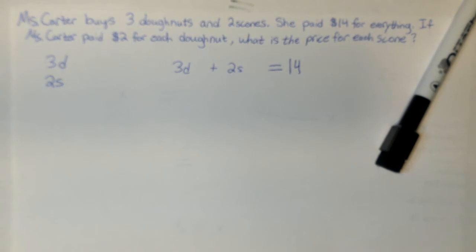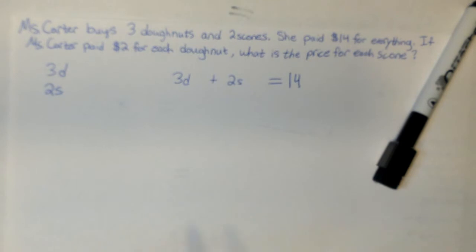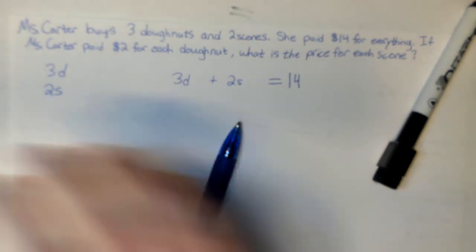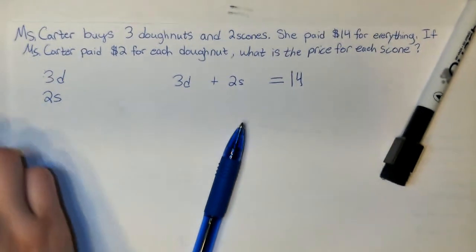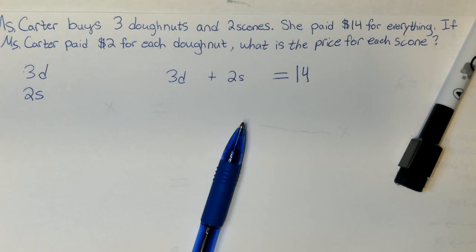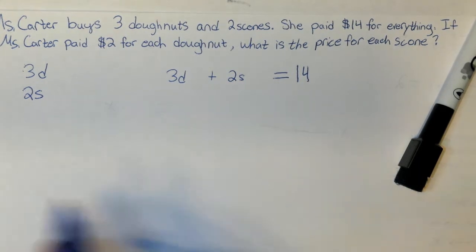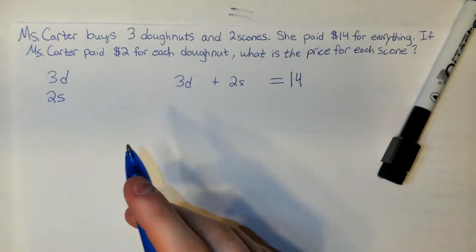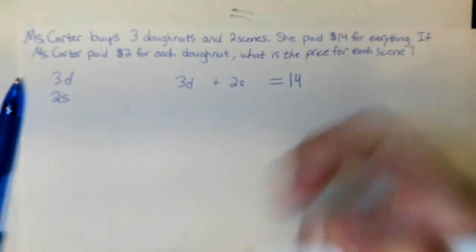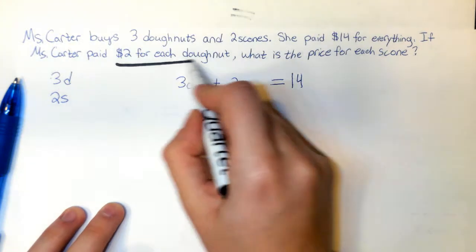So do we know the information of what d equals? Yes, we do. We find here that she paid $2 for each donut.